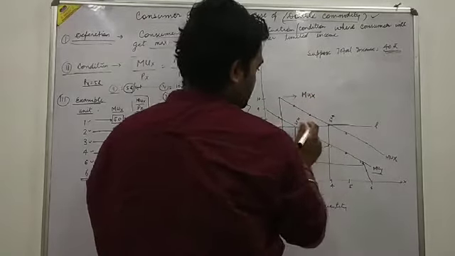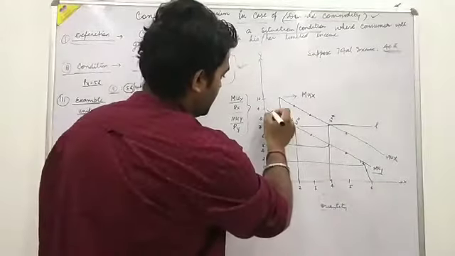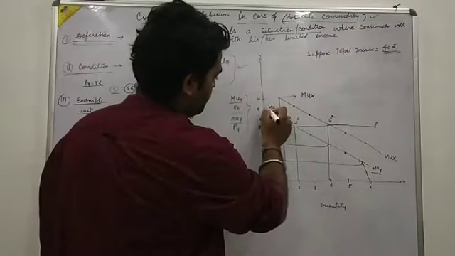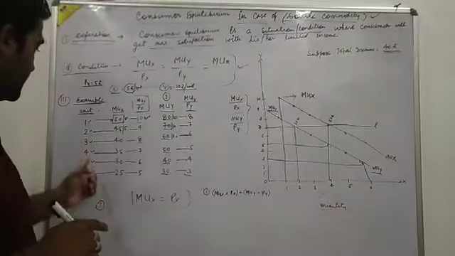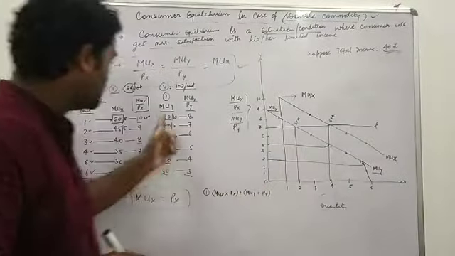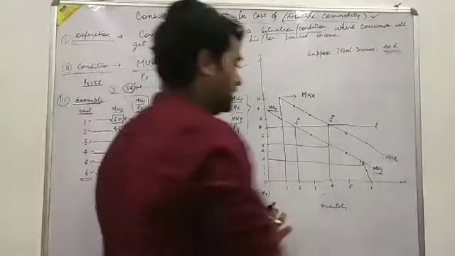Clearly we have to write, otherwise confusion will take place. The first line is MUX, meaning for X, and the second one is for Y. So it should be very clear.